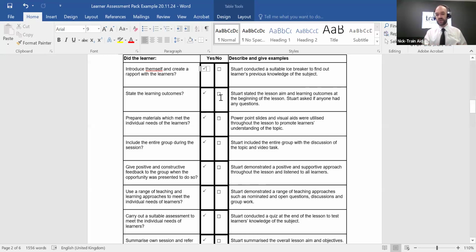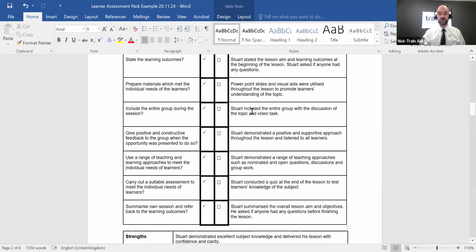Okay, so I've put yes, and as obviously we can see here, Stuart stated the lesson aim and learning outcomes at the beginning of the lesson. Stuart asked if anyone had any questions. So I think that it's always very good to state the learning aim and outcomes of the lesson, so your learners understand, they acknowledge what is being taught there.